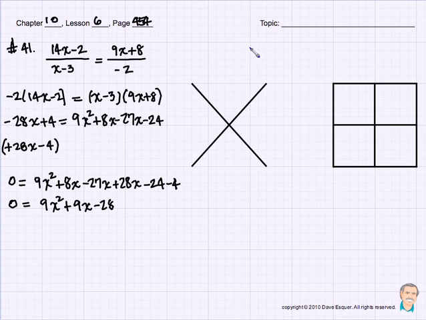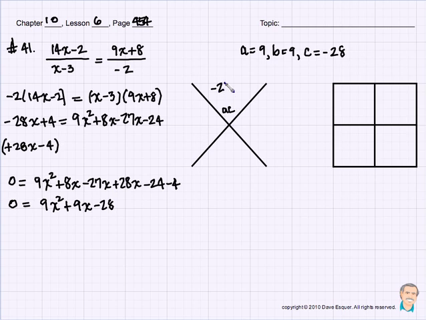So we end up with A, B, and C. A is equal to 9, B is equal to 9, and C turns out to be equal to negative 28. So we're going to have to use our factoring skills to come up with the factors for 9x squared plus 9x minus 28.